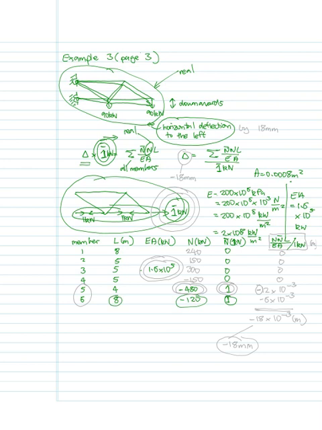Divide that by EA, which is 1.6 times 10 to the 5, and divide that by 1 kilonewton, and we will end up with an answer in meters, because that would be the units of negative 6 times 10 to the 3, sorry, 10 to the minus 3 meters. So the units of all of that turns out to be meters. Okay.